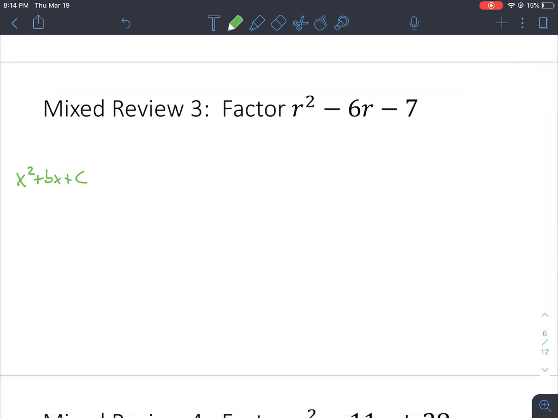So this is where we kind of did that x factor, or those diamond problems before, right? I want to know what 2 numbers are going to multiply to -7 and are going to add to -6.